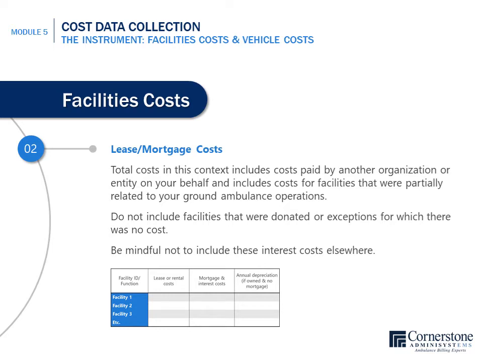Now, total costs in this context includes costs paid by another organization or entity on your behalf, and includes costs for facilities that were partially related to your ground ambulance operations. Of note, do not include facilities here that were donated or exceptions for which there was no cost. Also, be mindful not to include these interest costs elsewhere.